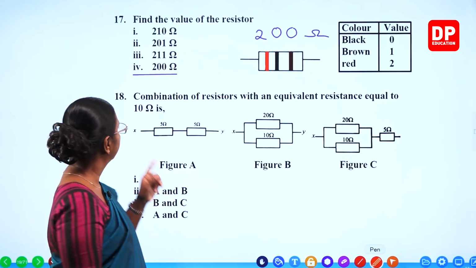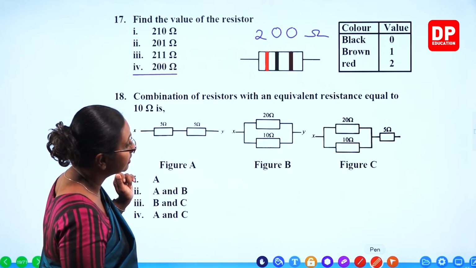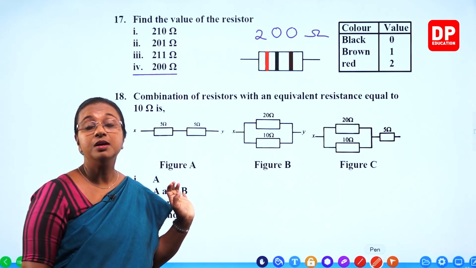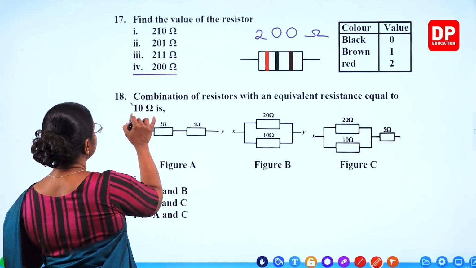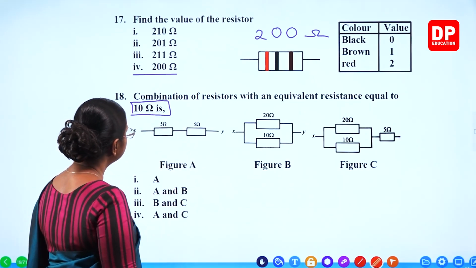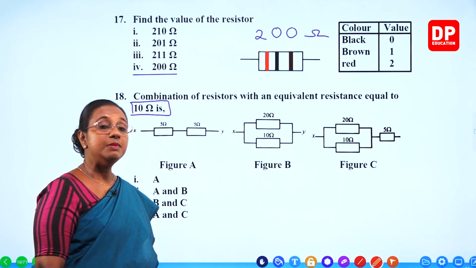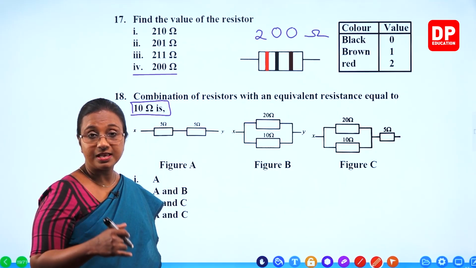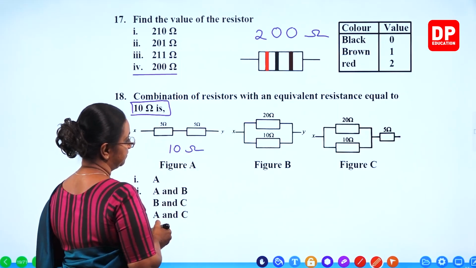18th question. Combination of resistors with an equivalent resistance equal to 10 ohm. So you need to find the proper combination that gives an equivalent resistance of 10 ohm. Now if you look at the first diagram, figure A, 5 ohm plus 5 ohm, immediately you know it is a series combination. The resistance gets added up. So 5 plus 5, 10 ohms.